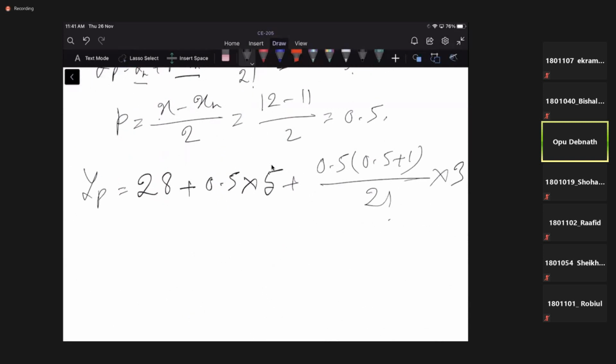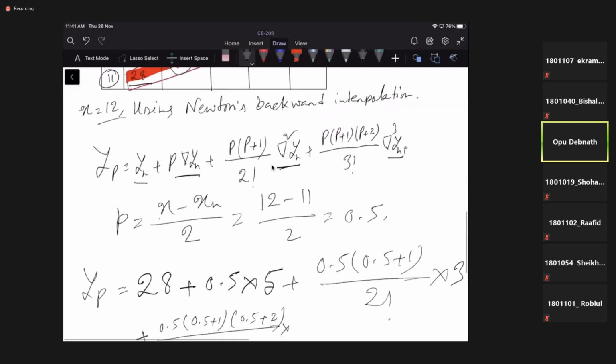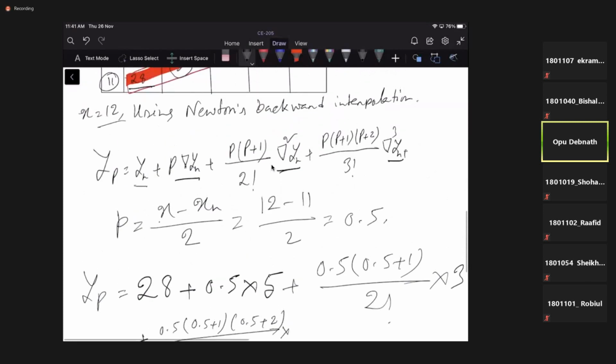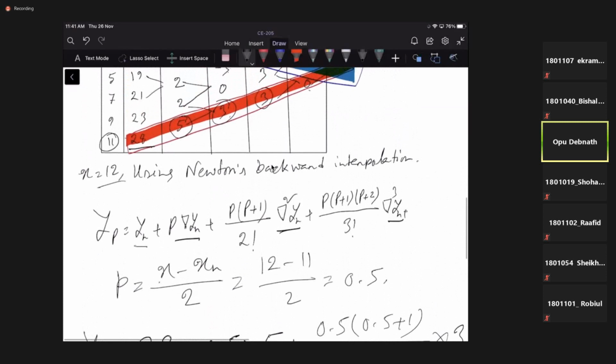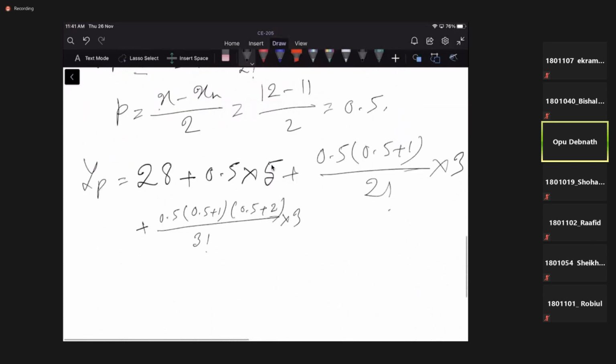And last term, 0.5 multiplied by 0.5 plus 1, 0.5 plus 2 divided by 3 factorial multiplied by the third term, this is also 3, plus 0 plus 0.